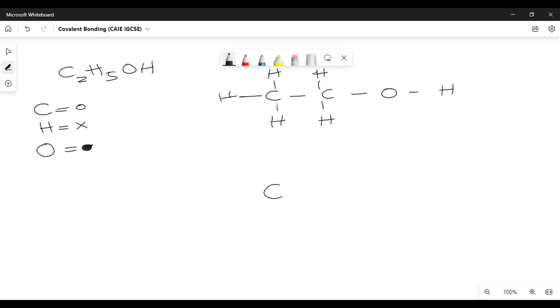So draw it with empty circles. 1, 2, 3, 4. And then another carbon atom. Again, this is supposed to be an empty circle. So 1, 2, 3, 4.